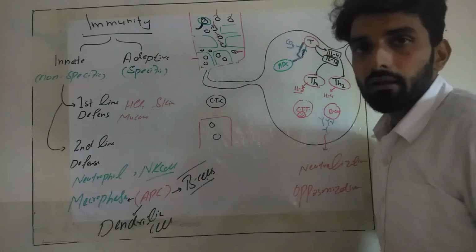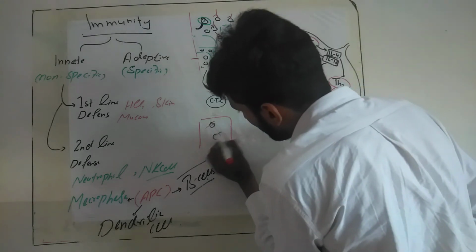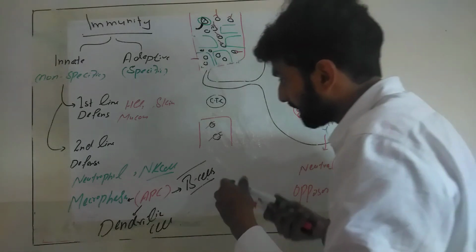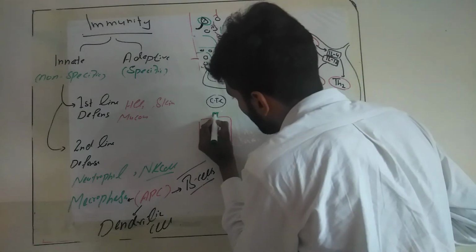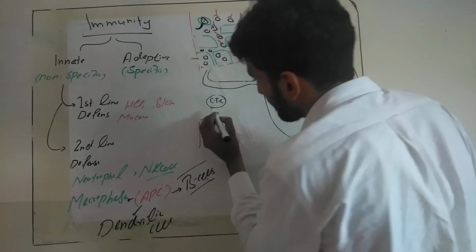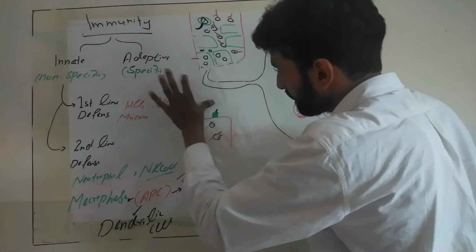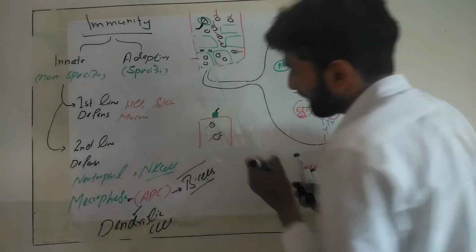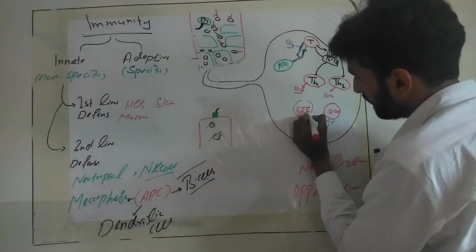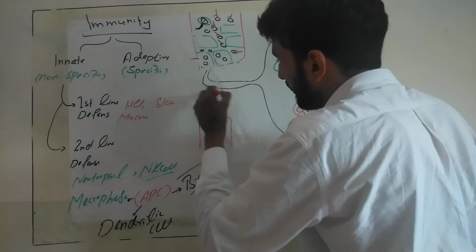This normal cell that has been infected will digest the bacteria with its lysosomal enzymes, and it will present the fragment of that bacteria to the cytotoxic T cell. Now this cytotoxic T cell will come.